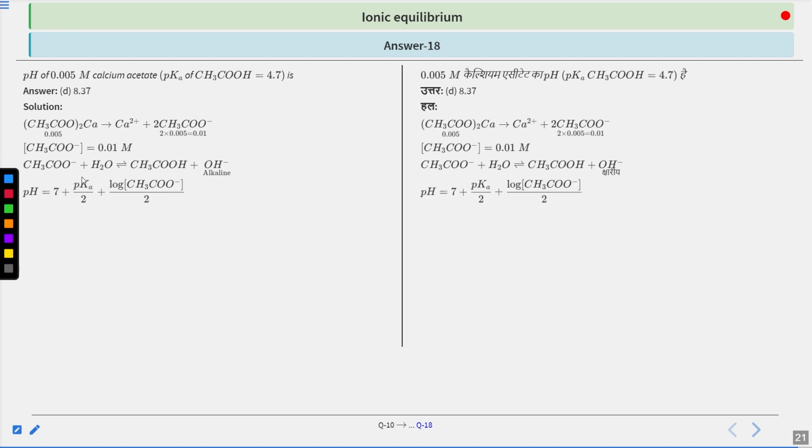What will the pH be? pH is equal to 7 plus half pKa plus half log of the concentration of acetate ion. Now pH is equal to 7 plus 2.37 plus log 0.01 by 2. Further, 7 plus 2.37 minus 1 comes out to be 8.37. So this is your correct answer for the given question.